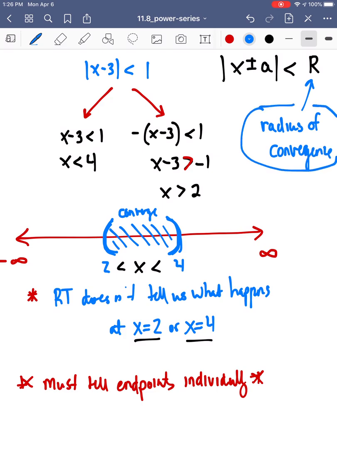So in this case, our radius of convergence was equal to 1 for this example we just did. And I want to emphasize, for radius of convergence, all we care about is whenever we have this absolute value of x plus or minus a number. We don't have 2x plus or minus a number, or x over 3 plus or minus a number. We just have a coefficient of 1 on that x, plus or minus a number, less than whatever that right-hand side is.